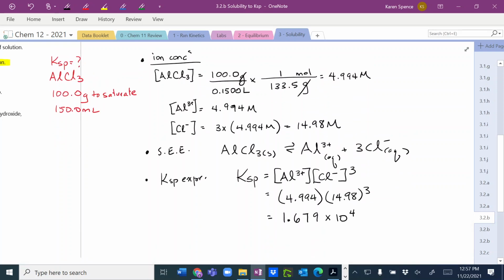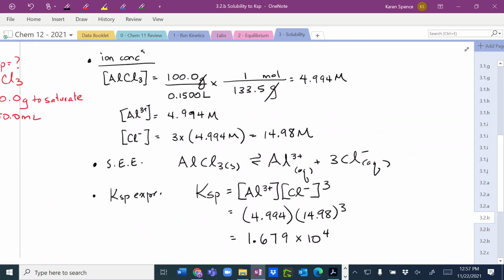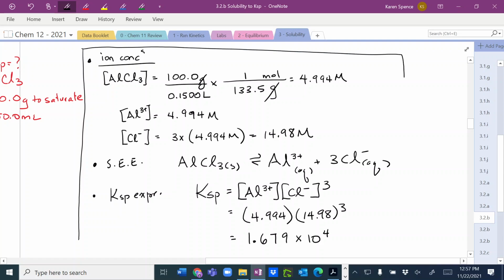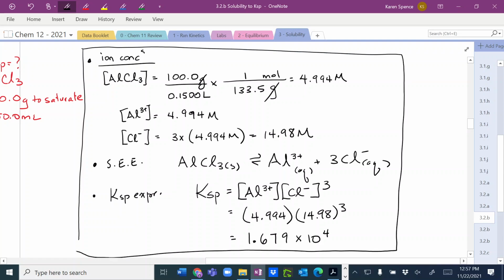So the corrected key is here. We did this in block 1. So if you're looking for that, I will post that in today's notes, okay? This is 3.2b, number 4. Answer key was wrong.